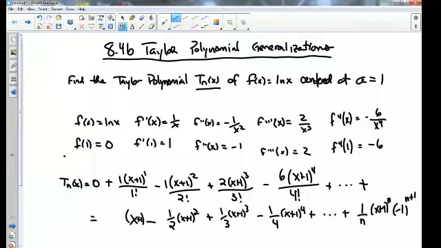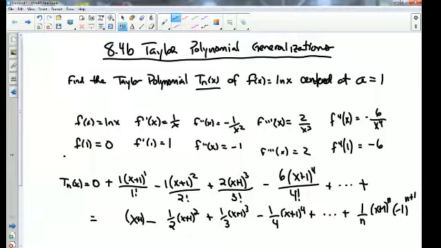Sometimes you can put n-1 here. Your book has n-1. Who cares, right? Doesn't matter. Let's make sure that's right. Okay, I think we're good.